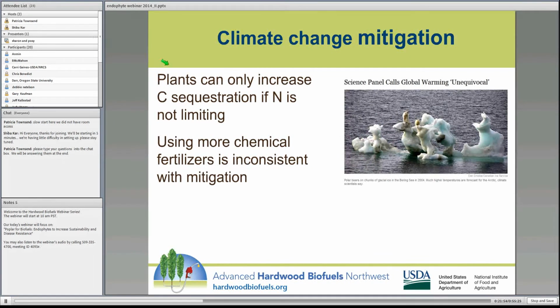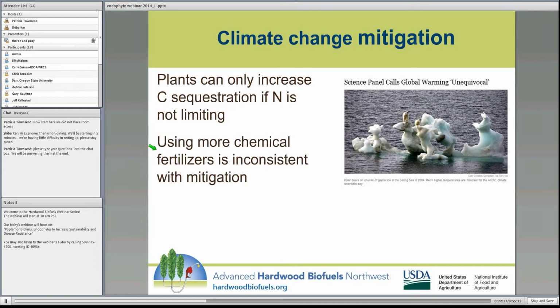So plants are able to sequester or do more photosynthesis, more removal of carbon dioxide from the atmosphere, if nutrients such as nitrogen are not limiting. And so if we have these symbiotic partners, we may be able to increase photosynthesis.